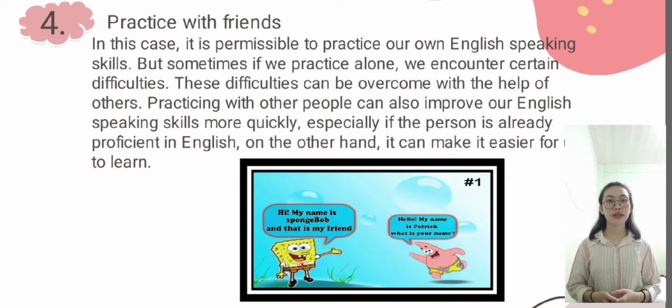This difficulty can be overcome with the help of others. Practicing with other people can also improve our English speaking skill more quickly, especially if the person is already proficient in English, which makes it easier for us to learn.